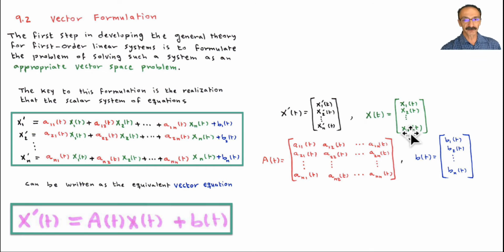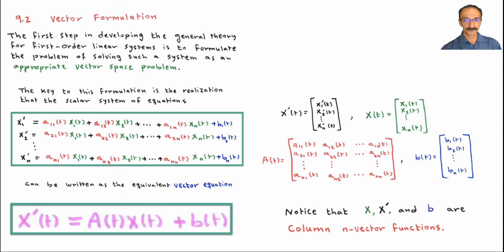It's a column vector matrix, and this is the whole thing about vector formulation. We're going to look at the answers of x as columns, not as displayed earlier. It's another way to look at solutions. So notice that x, x prime, and b are column n-vector functions.